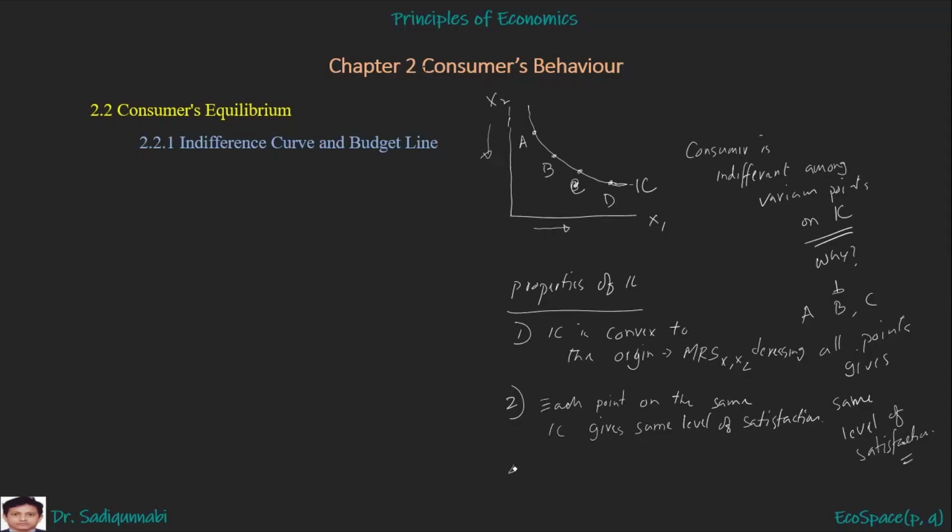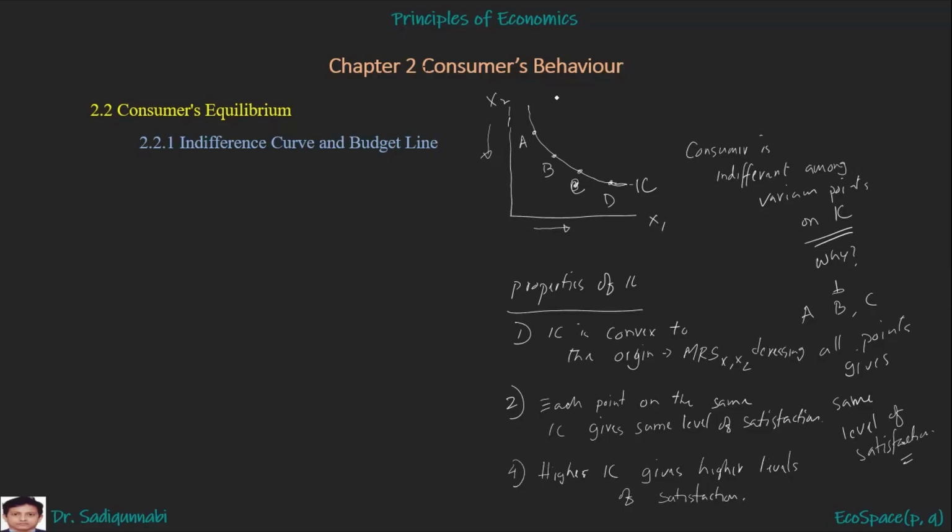Property number four: a higher IC gives higher levels of satisfaction.